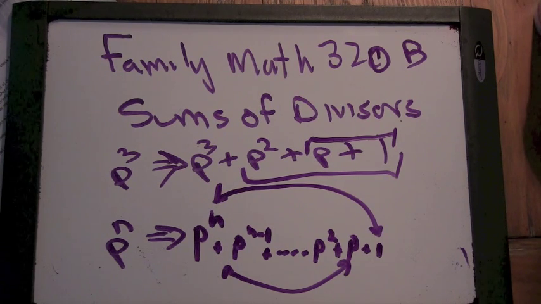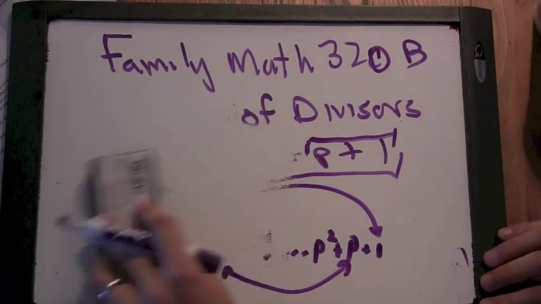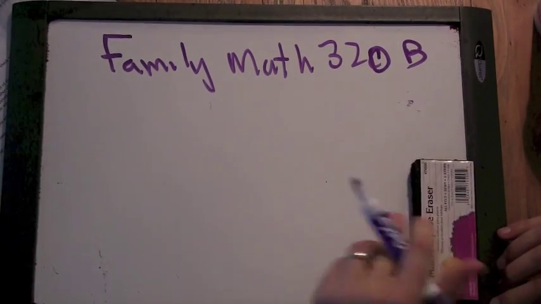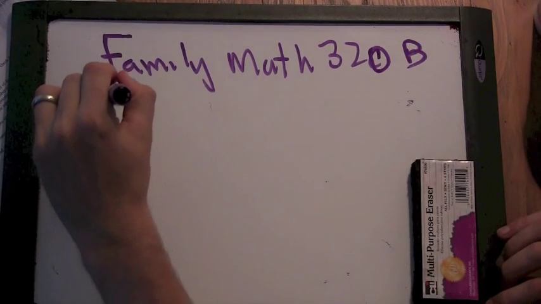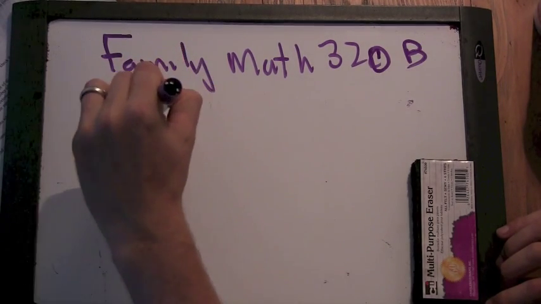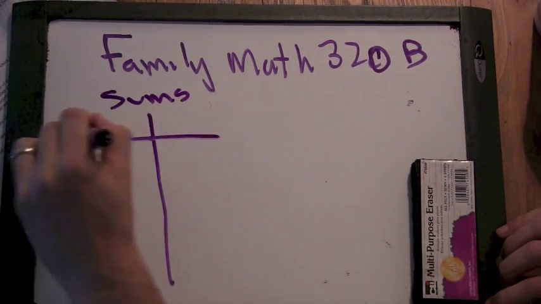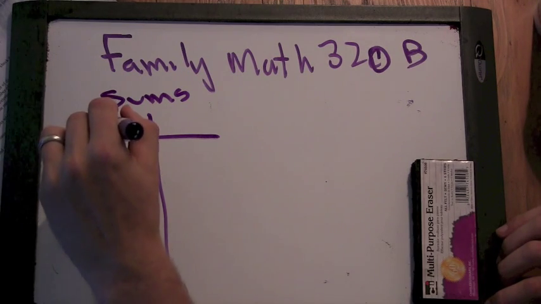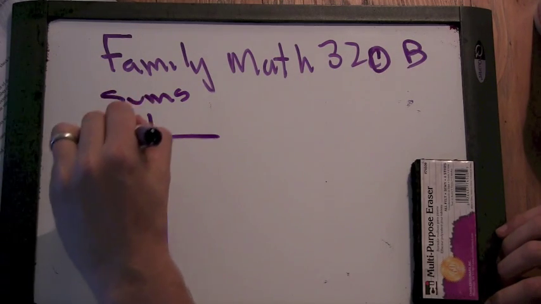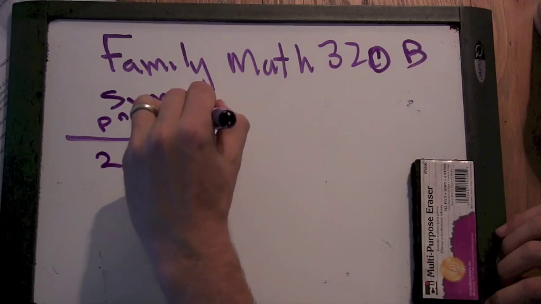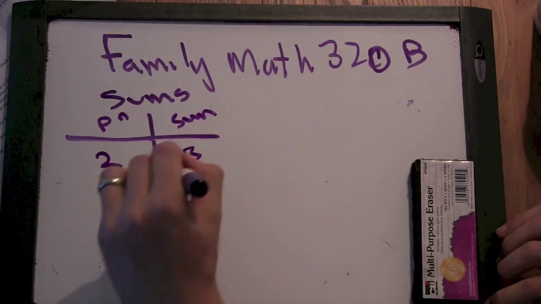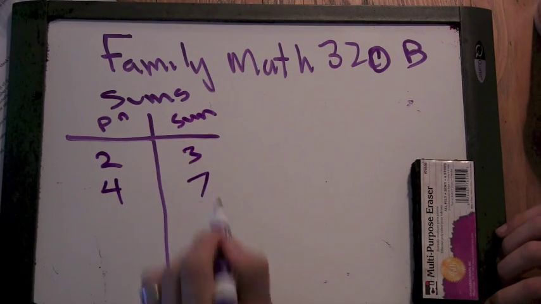But before we go to 2 primes, let's go back to our example with 20. And I want you to look at something. So I have the sums. So here's our number p to the n. So for 2, the divisor sum was 3. For 4, it was 7.